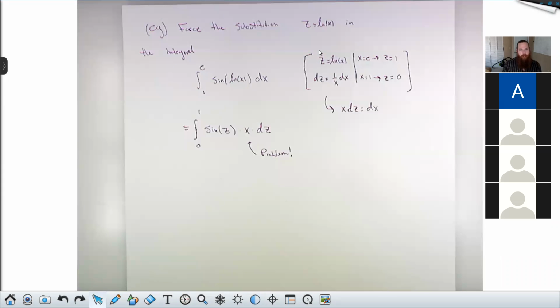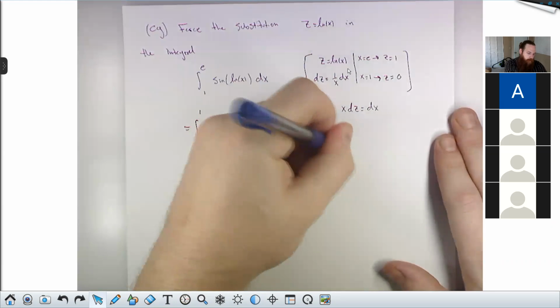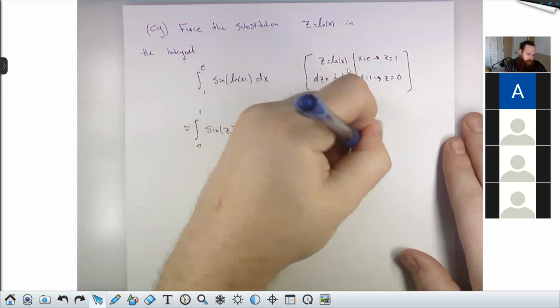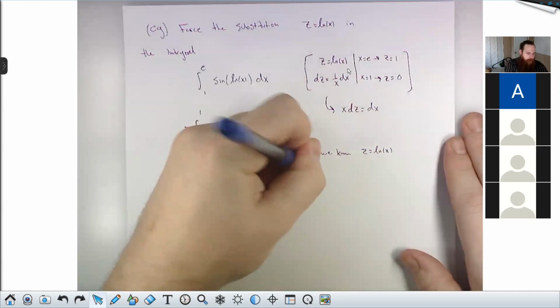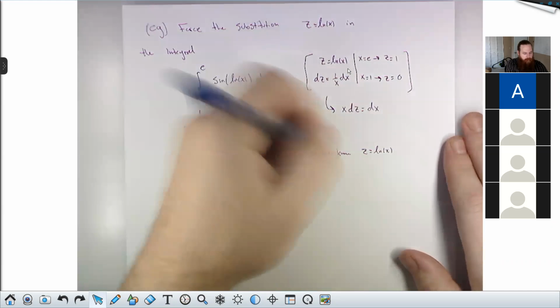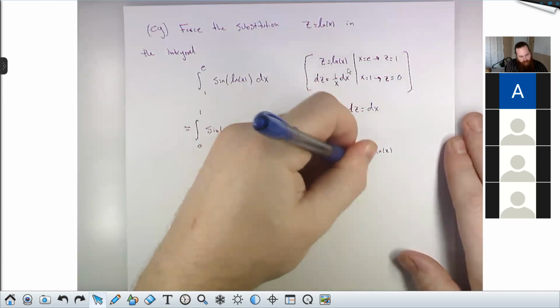So if you solve the substitution for the original variable, we know that z is the natural log of x. So then, if you exponentiate on both sides, you'll get e to the z equals e to the ln x.